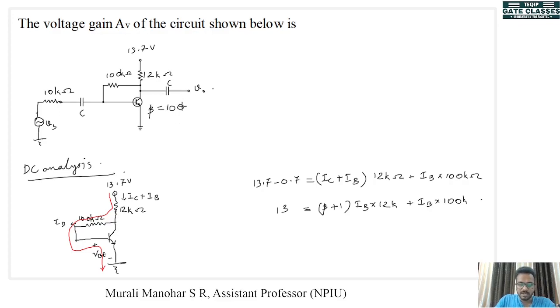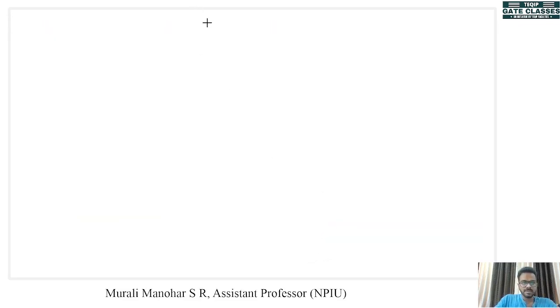Now beta is 100, so beta plus 1 into 12K becomes 101 into 12K, and we can take IB out and find IB. IB will be given by 13 divided by 101 into 12K plus 100K, and this will give us the value of IB as 9.9 microampere. We can approximate it to 10 microampere, so that the calculations are simple.